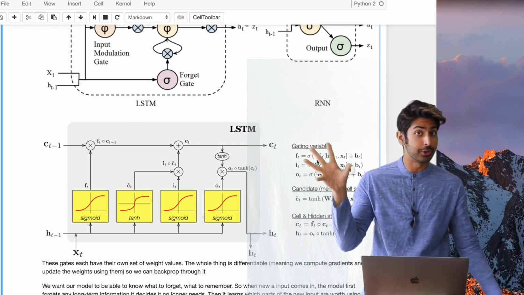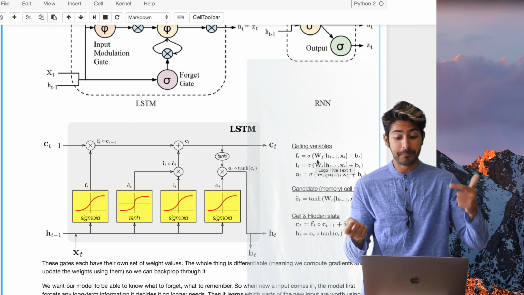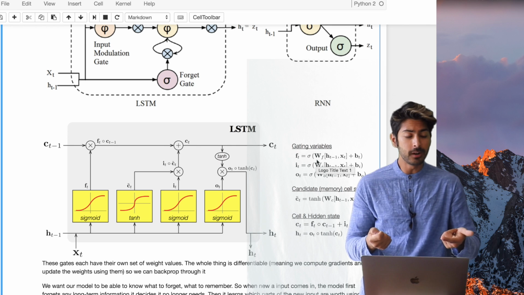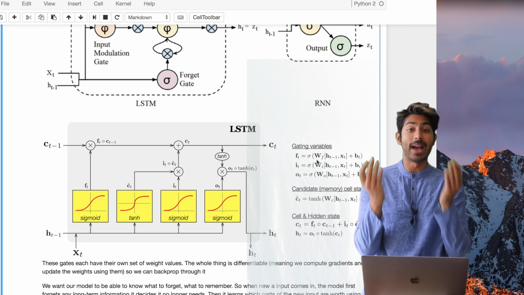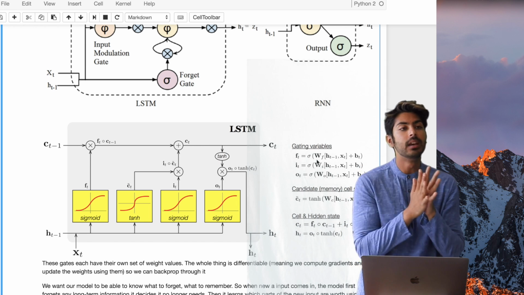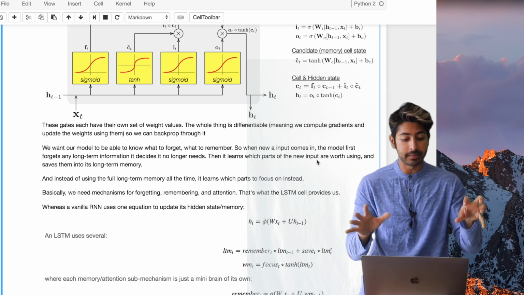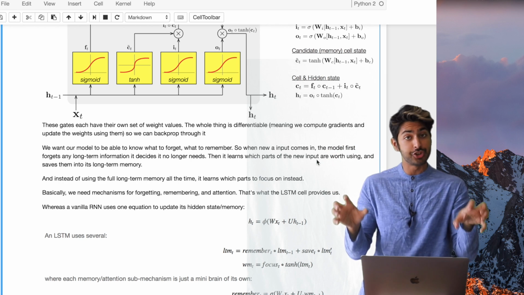All of these gates are perceptrons. They're like mini neural networks, like single layer neural networks. And it learns what to forget, what to remember, based on gradient descent. Again, it's the magic of gradient descent. It learns what is necessary over time.